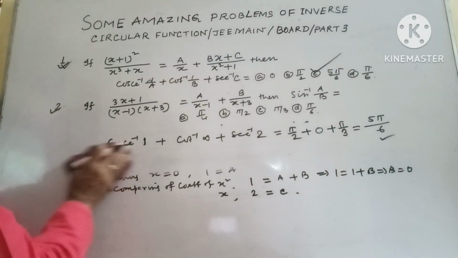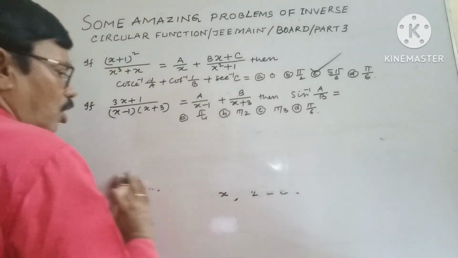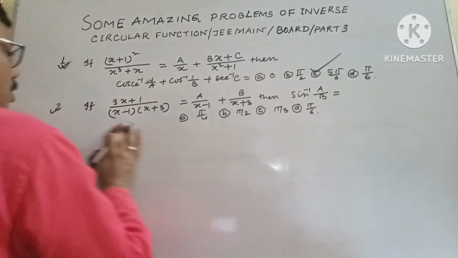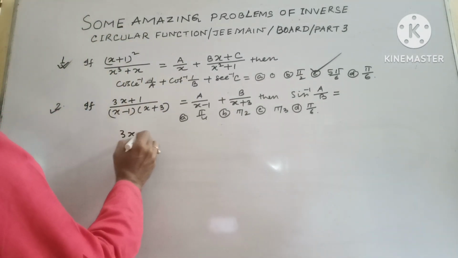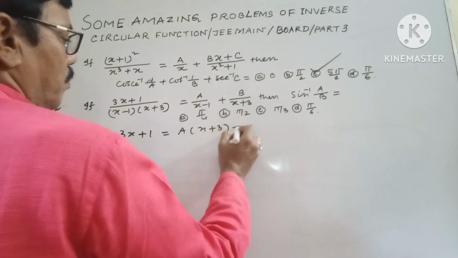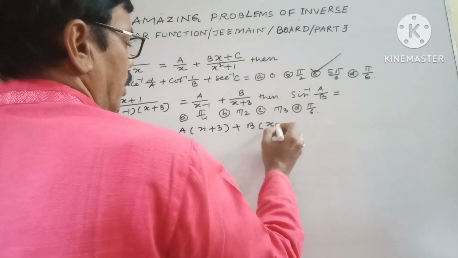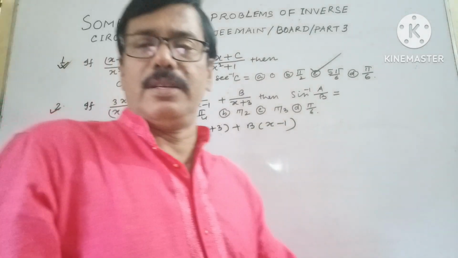So this is simple. The denominator is a product of two linear factors. So we get 3x plus 1 equals a into (x plus 3) plus b into (x minus 1). The second one is already given.